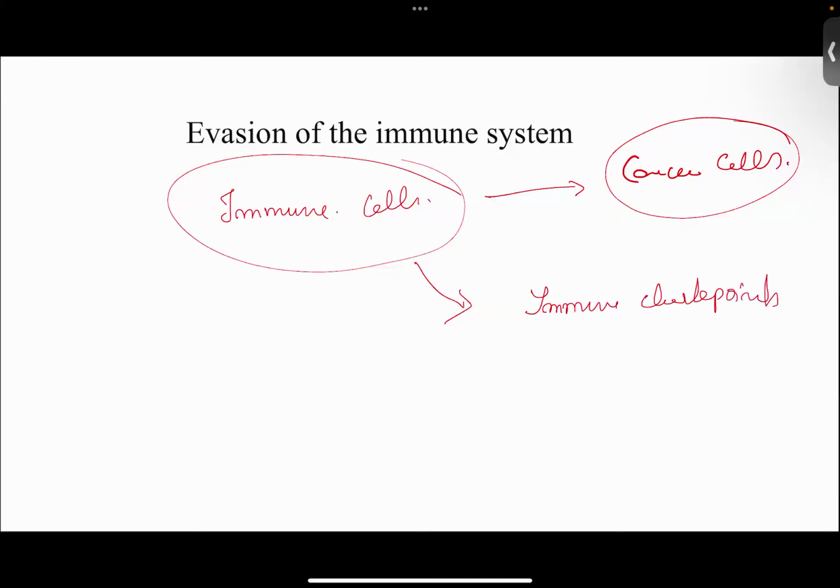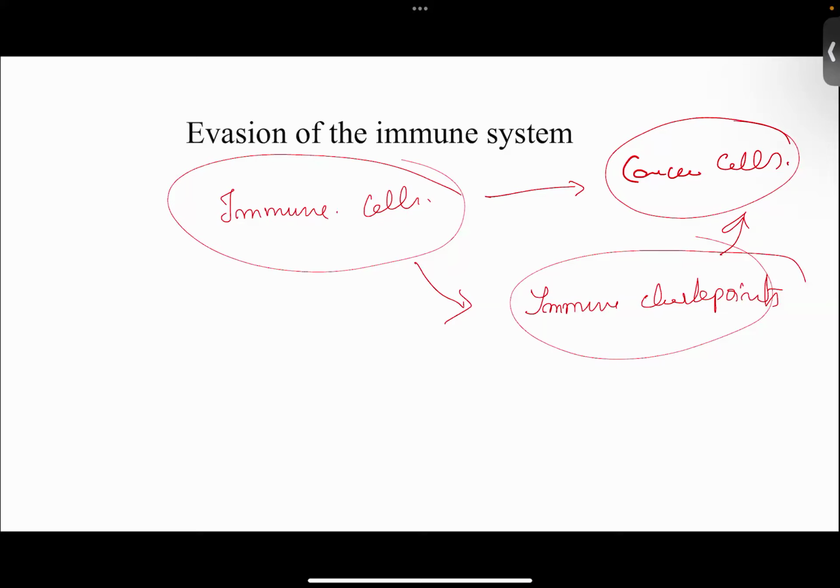This immune checkpoint will fail to recognize the cancer, because it is inside the system, right? And it will tell the immune cells, this is our own cell, let us not fight, let us not fight.